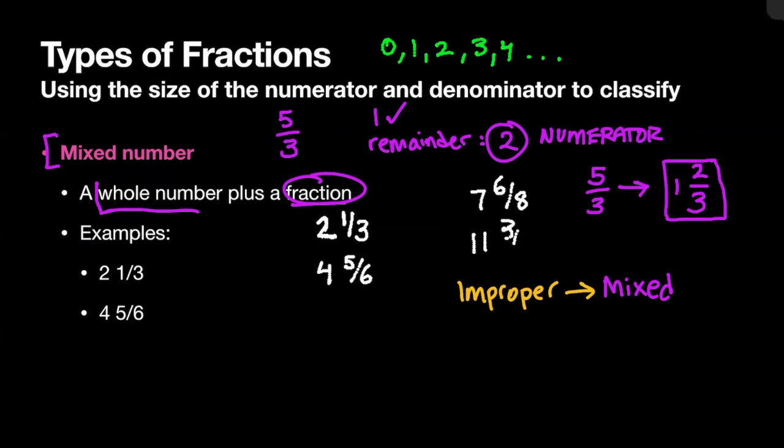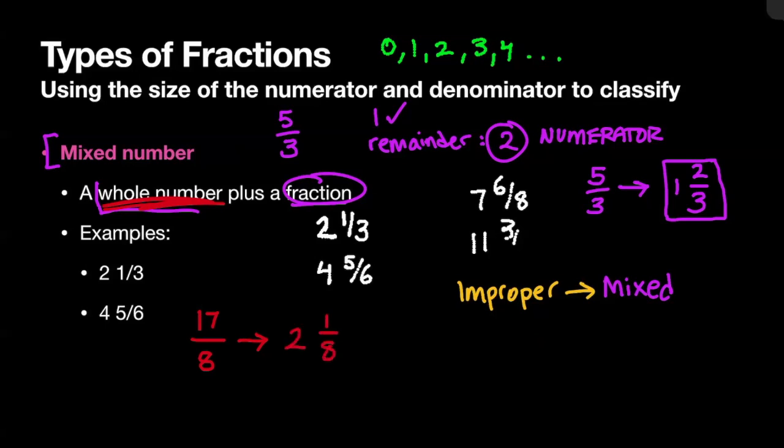We'll try one more example to make sure you have understood. Let's try 17 over 8. The first thing we want to do is find the whole number portion of our mixed number. Can anyone tell me what we would use for the whole number? 2 1/8. 2 1/8.